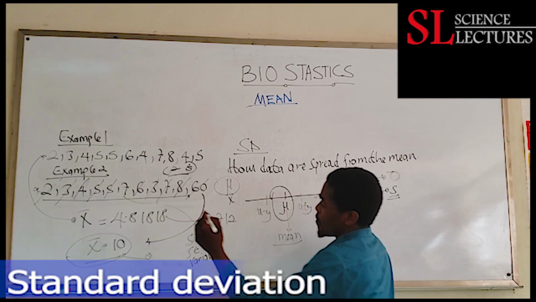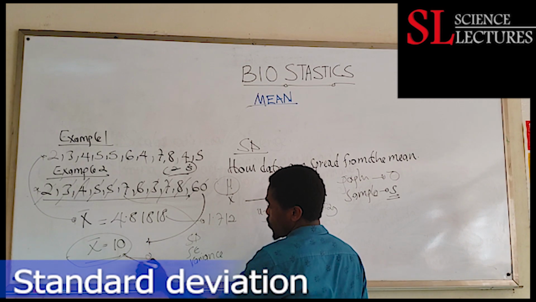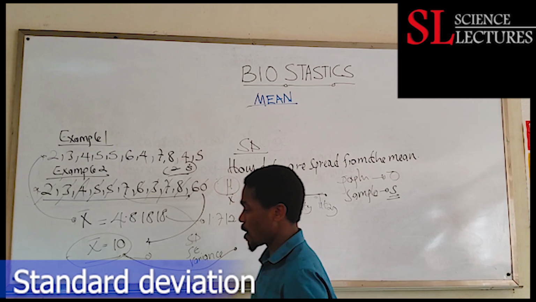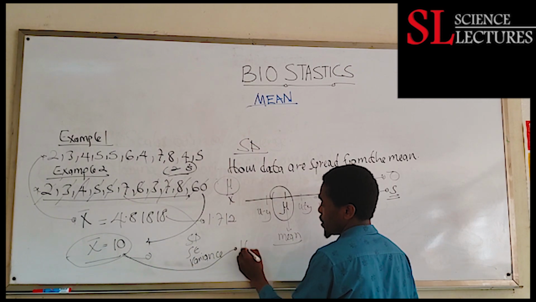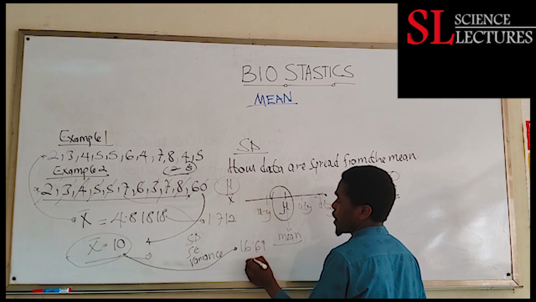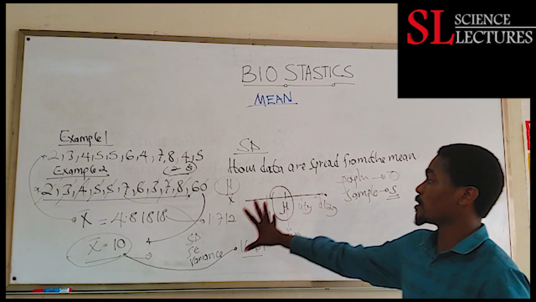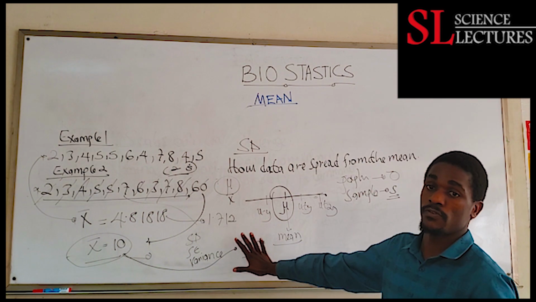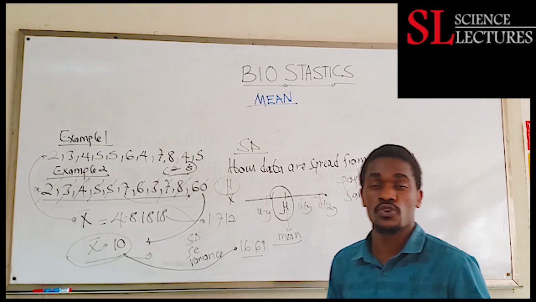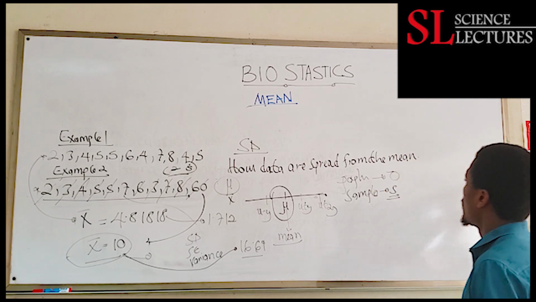Then for the standard deviation of example 2, where we had a mean of 10, I expect you guys also to have something like 16.69 as the standard deviation. So we'll be using our scientific calculators to get the mean and the standard deviation. But the standard deviation tries to show you how the data are spread from the mean.